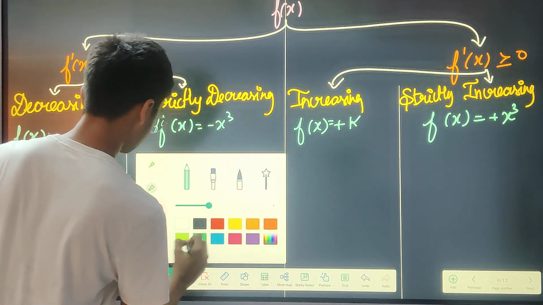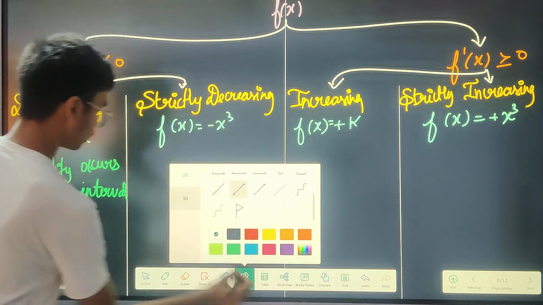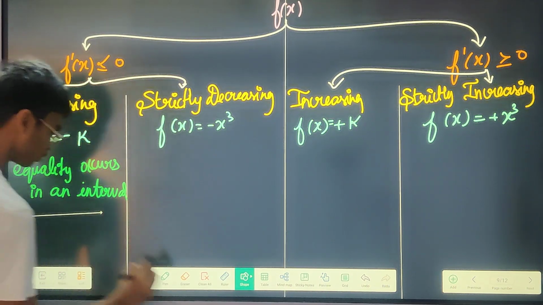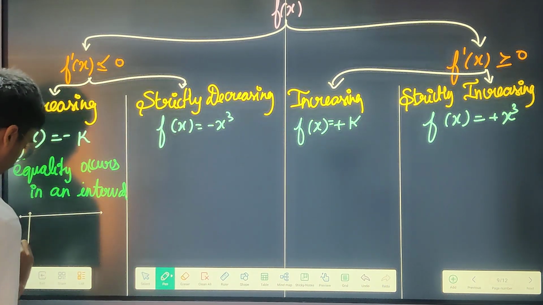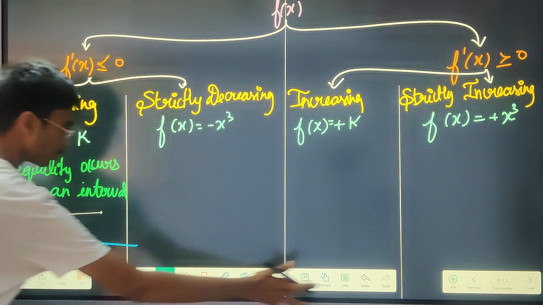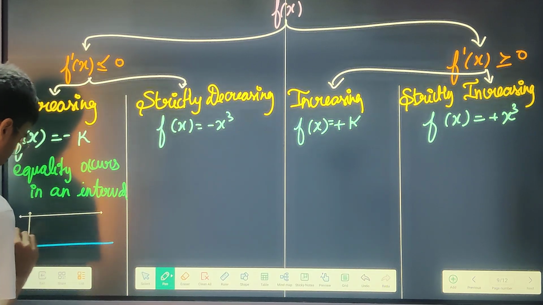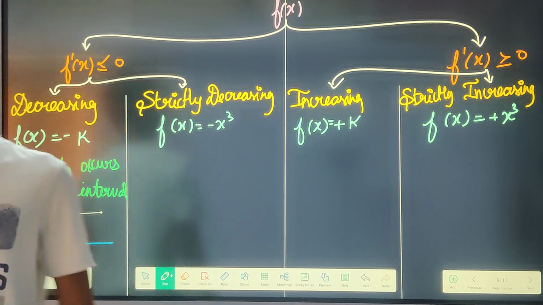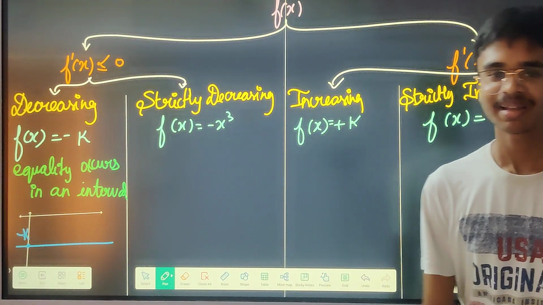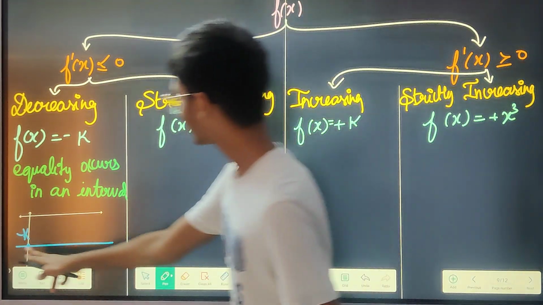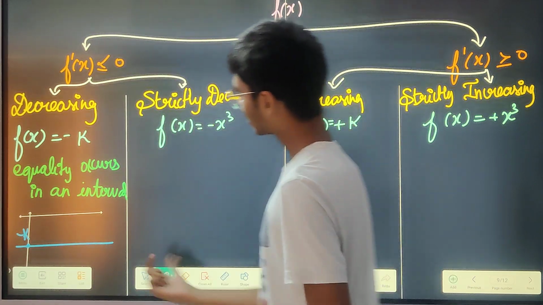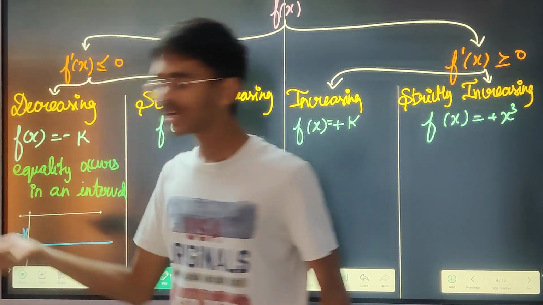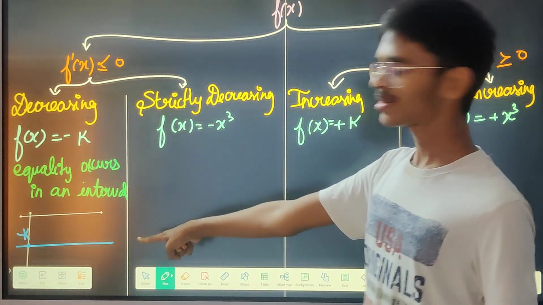For an example, we will just take a graph. Minus k. Okay, so here it is minus k. You can see that in this entire interval, equality is occurring in this place.